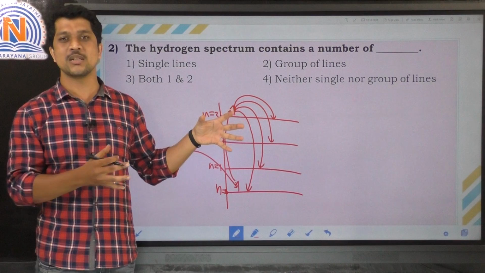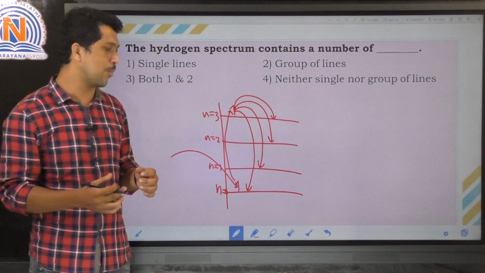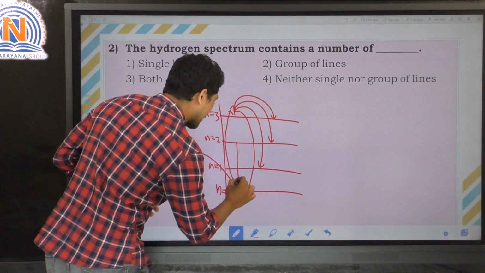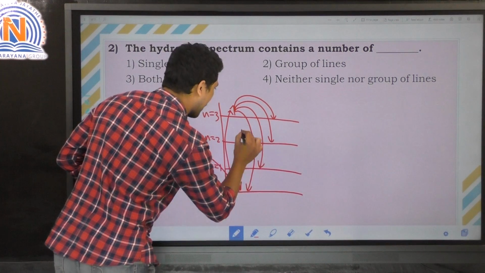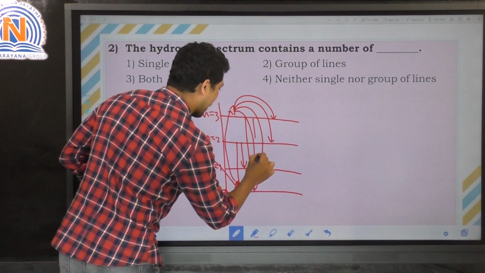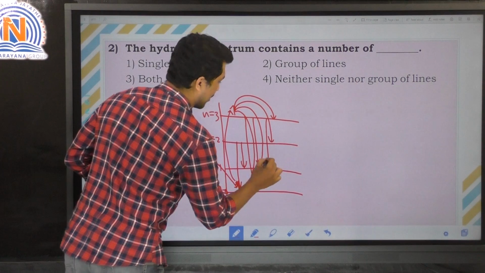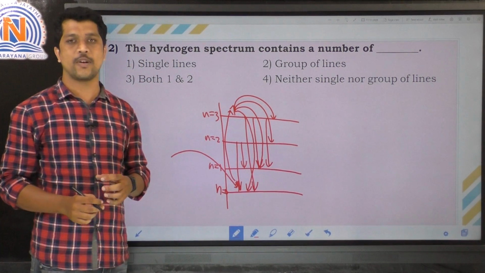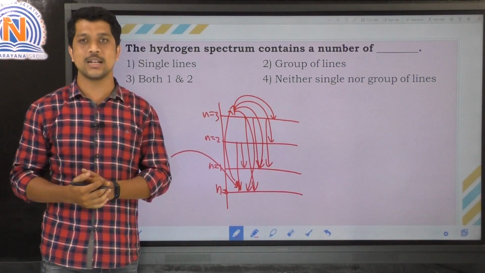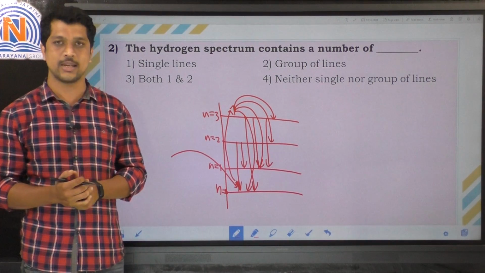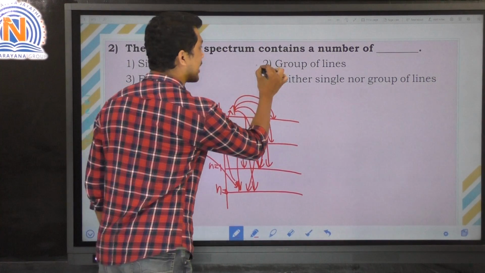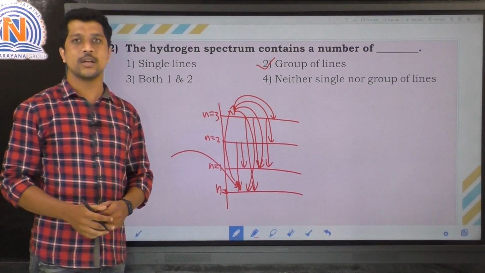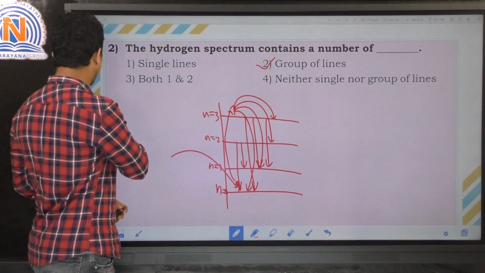The spectrum is present in groups of lines like this. So the hydrogen spectrum contains a number of groups of lines. So the correct option is the second option. Clear? Let's move on to the next question.